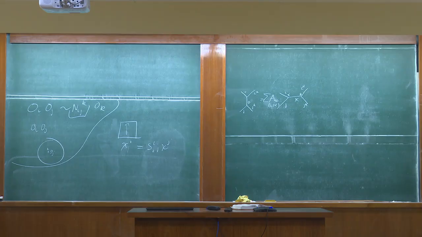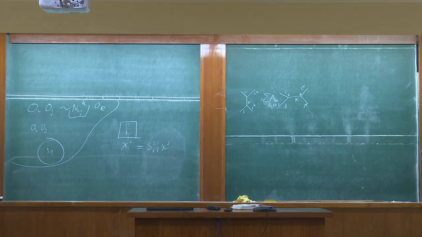Is this clear? So this side is not the sum of 2-point functions, because it's not fusing. It's i with j fusing to k. It's not i with i star. Right? So it's a non-trivial 3-point function. The 3-point functions that are trivial are ones that involve identity, because then they become 2-point functions.